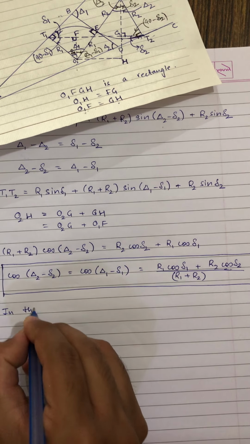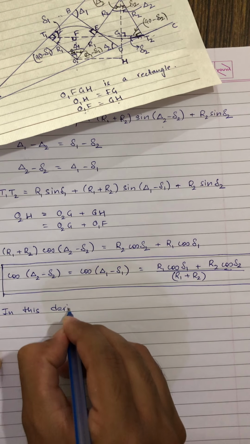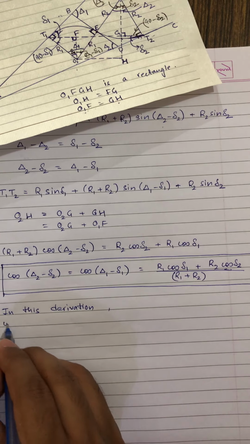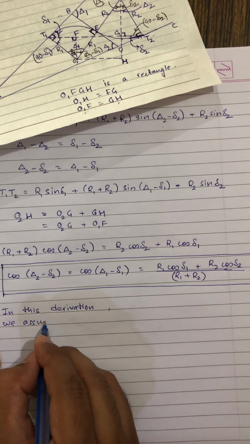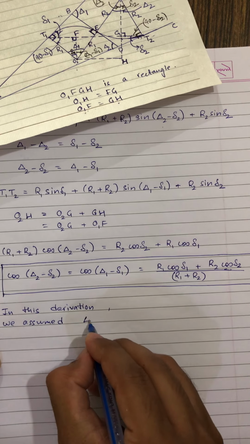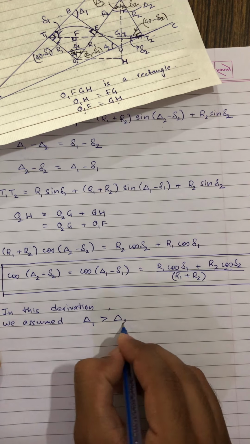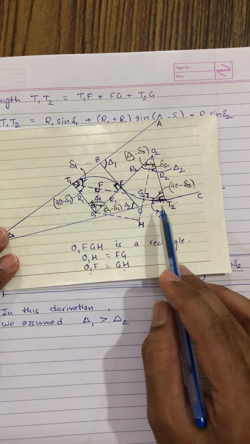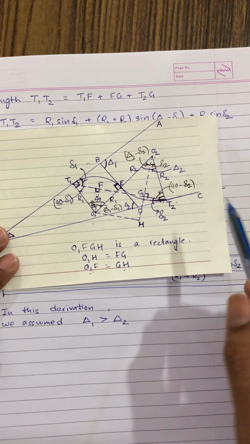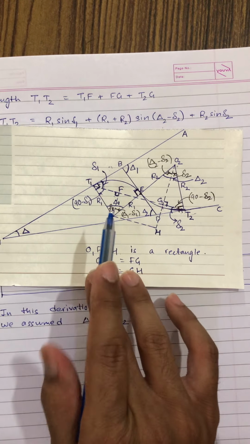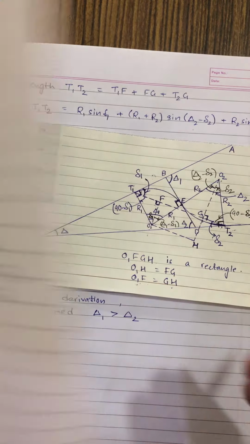We assumed that delta 1 is greater than delta 2, which we had written already.